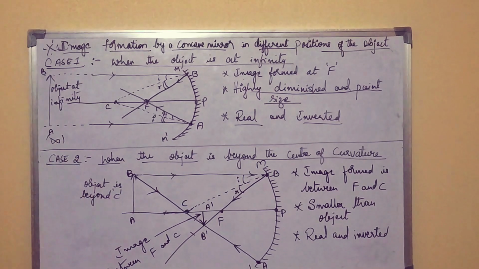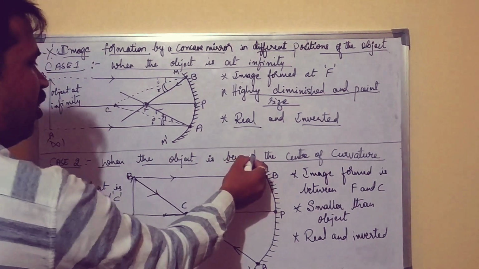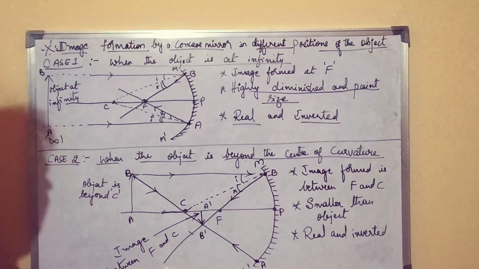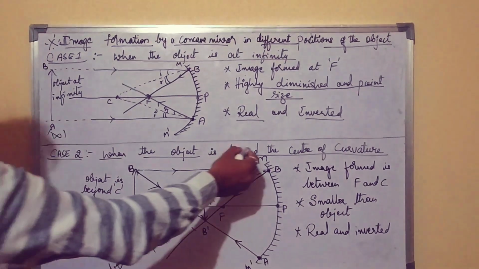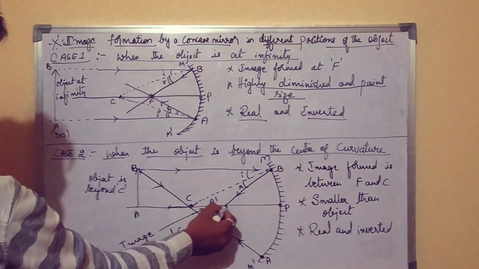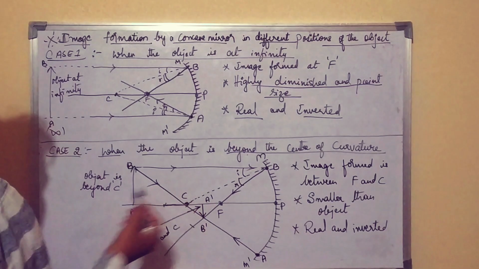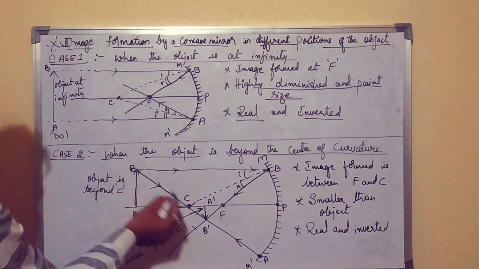Now moving further to case 2. When the object is beyond, meaning further, from where? The center of curvature. You can see here the concave mirror as usual. This is the principal axis. Upon the principal axis you have the principal focus and the center of curvature. Now you can see this object AB.